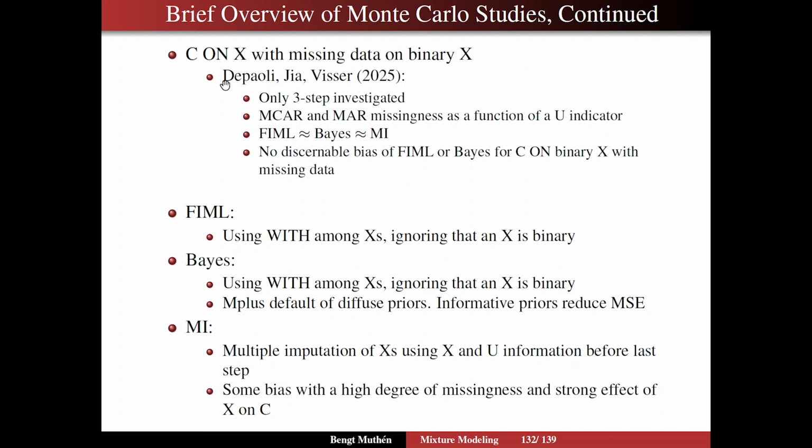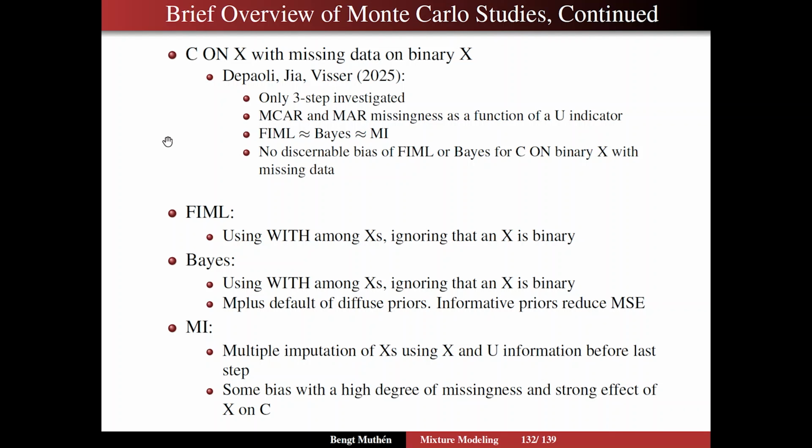So we have DePaoli, Ja, and Visser in 2025 only looked at 3-step and found they created data with missing completely at random and missing at random, MAR, as a function of a U indicator. So the missingness was a function of a latent class indicator rather than what we did, where missing data on some X's was a function of another X with no missing data. So you can argue about which is most realistic in real life.